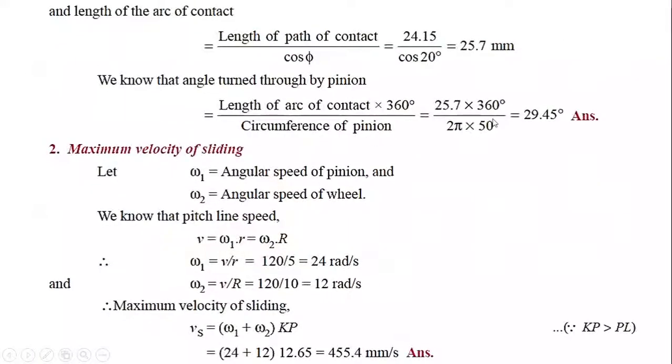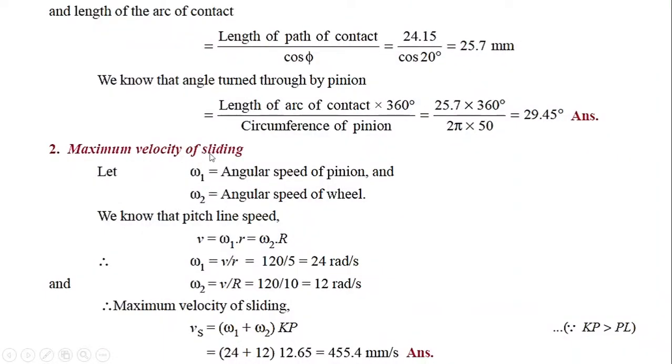So apply the value of 50 millimeter to this formula and I will get the angle turned by the pinion, which is 29.45 degree. First question we found, and next question is maximum sliding velocity.